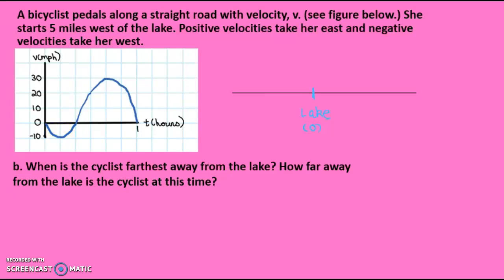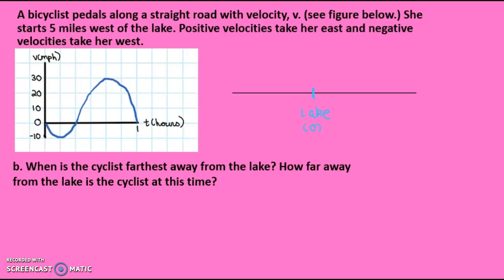So that means that the cyclist is continuing to go west at this time, which means that this area is going to show us that the cyclist is continuing west at this point.